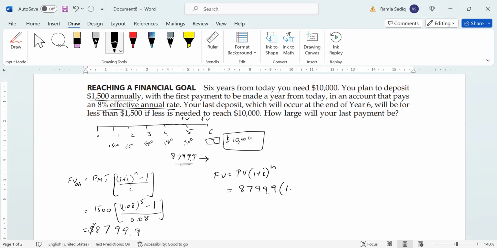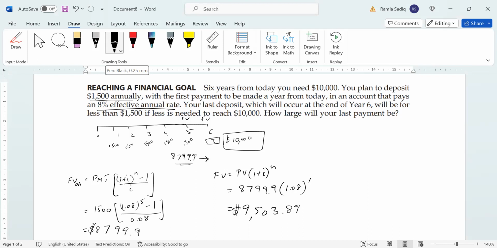And because it's being compounded for only 1 year, we raise it to the power of 1. Now, once we add this compounding and put this into our calculator, we get 9,503.89. That means that at the end of the 6th year, based on your previous cash flow, you're going to have $9,503.